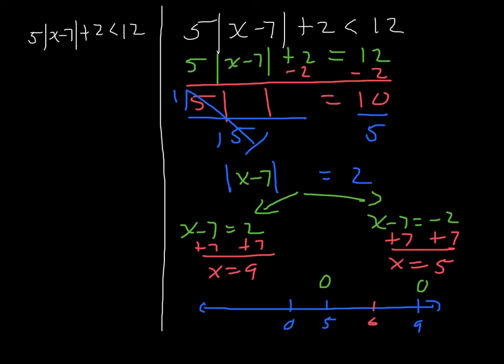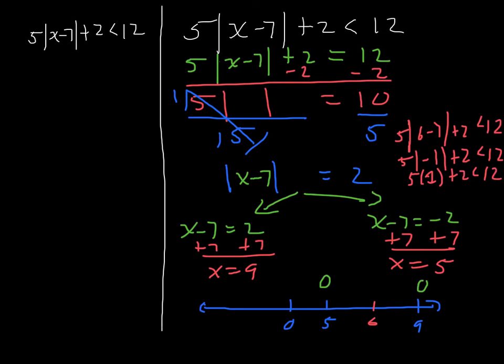Okay, so what I have is 5 absolute value, 6 minus 7 absolute value, plus 2 is less than 12. So now I'm going to solve this. So I have 5 absolute value, negative 1, absolute value plus 2, less than 12. So I have 5 times 1 plus 2 is less than 12. 5 times 1 is 5, plus 2 is less than 12.